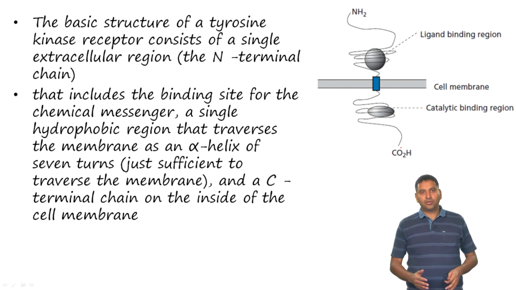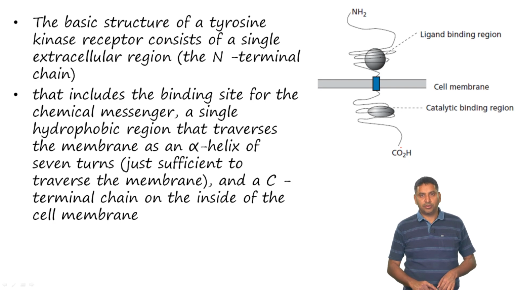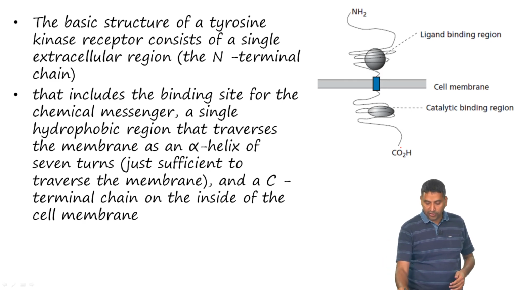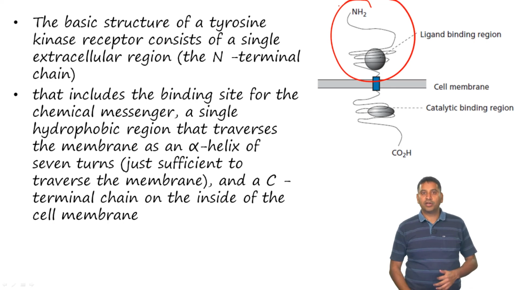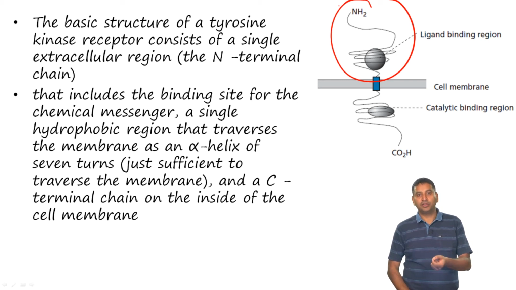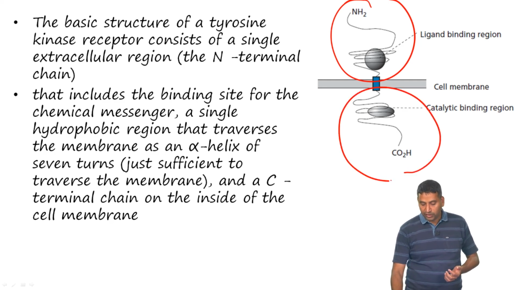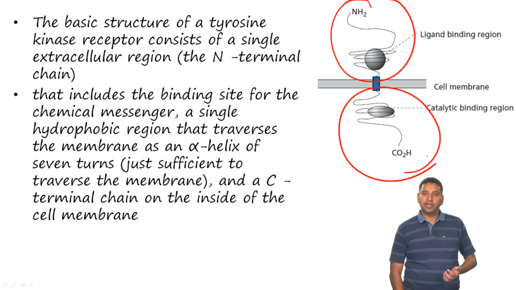Let us look at the structure of these tyrosine kinase receptors. These contain a single extracellular region, which is the N-terminal region and also contains the ligand binding region. The binding site of this chemical messenger is a single hydrophobic region that traverses the membrane as an alpha helix of several turns, and the C-terminal chain is inside the cell membrane as shown here, and this has the catalytic region.